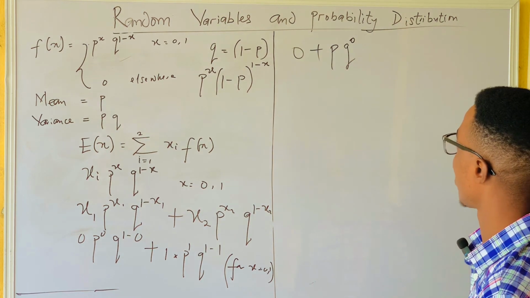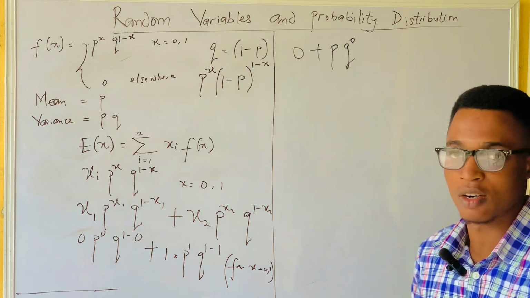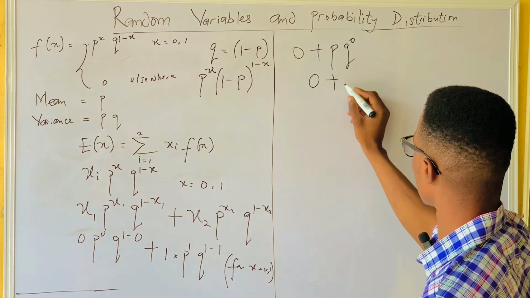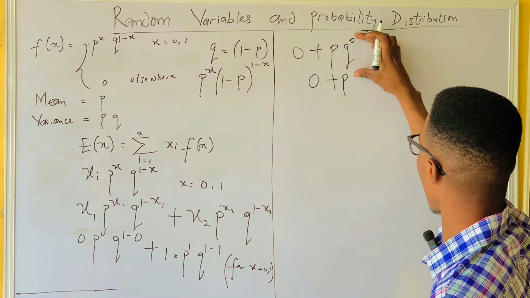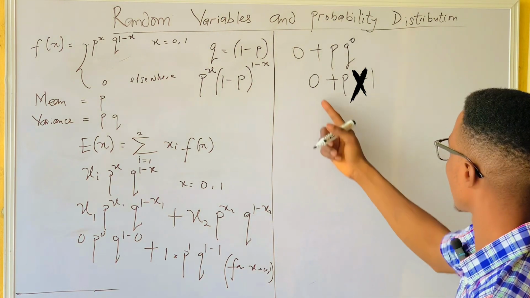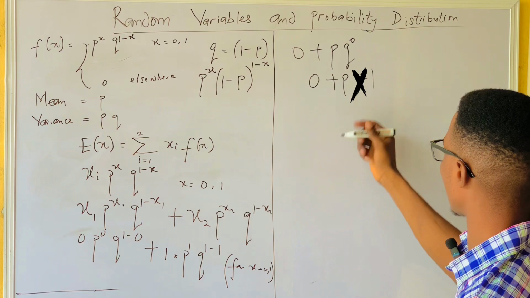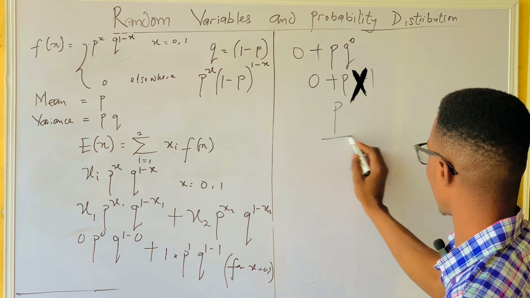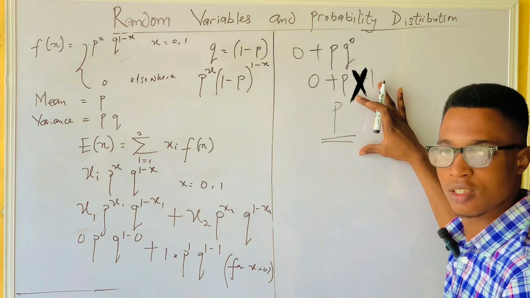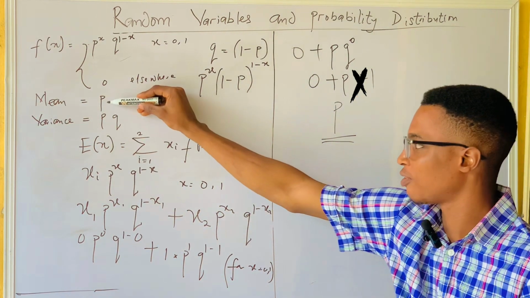Of course, in mathematics, we know that anything to the power of 0 will give us 1. So we have 0 plus p, times 1. Therefore, we have 0 plus p, which gives us p. So the mean of a Bernoulli distribution is p, which we have here.